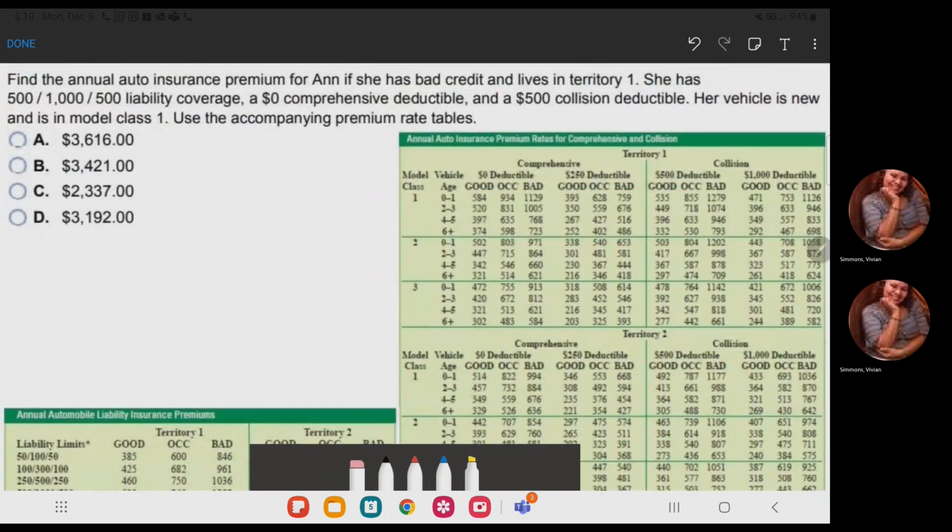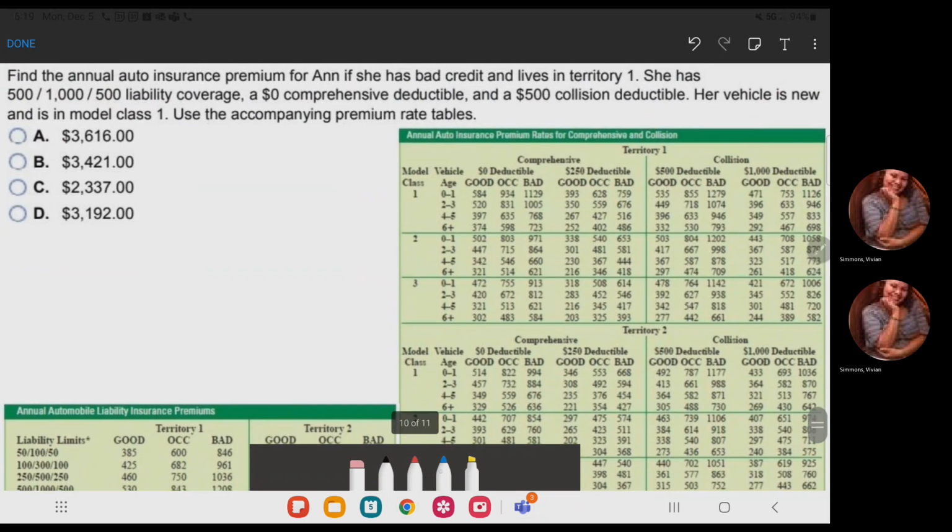Okay. So now we're dealing with the same type of problem now in word problem form. Let me scroll a little bit more. So important things. We have territory 1.